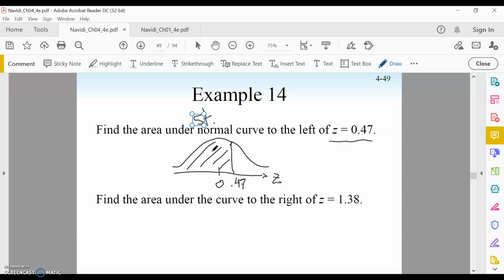Go to the 0.4 row, and then go to the 0.07 column.